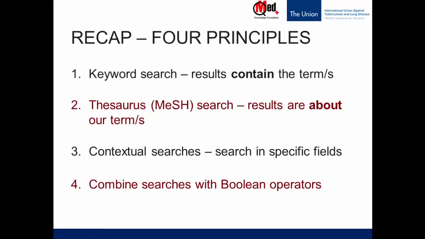Let's do a quick recap of the four principles. Word search or keyword search, the results only contain our terms. Some will be about them, some will not be about them. If we do a thesaurus-based search, in this case MeSH, the results are guaranteed to be about our search terms, whatever the titles may contain.